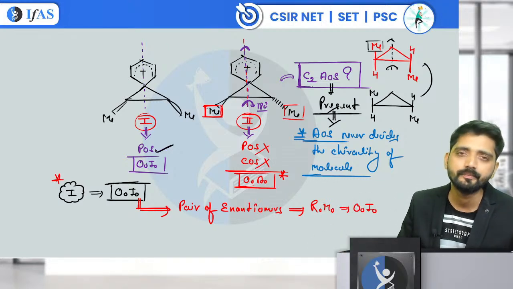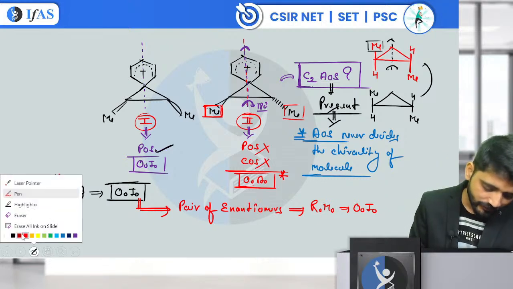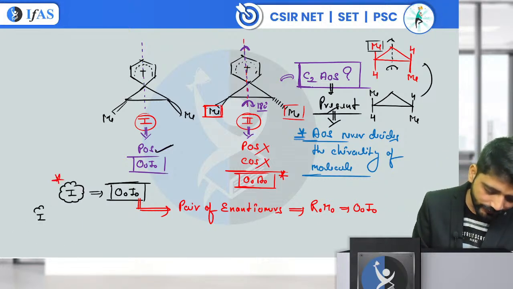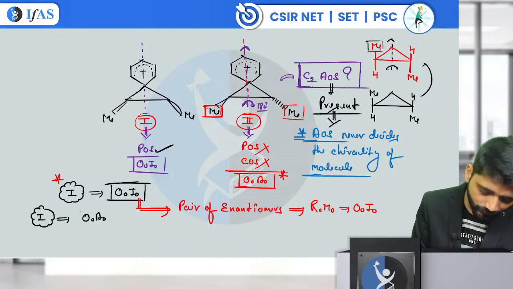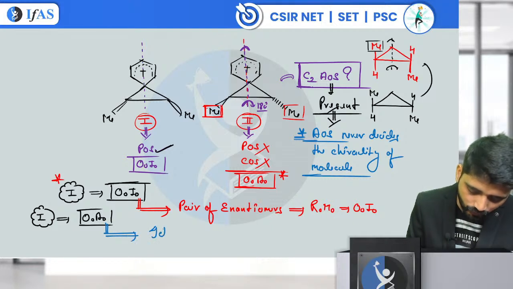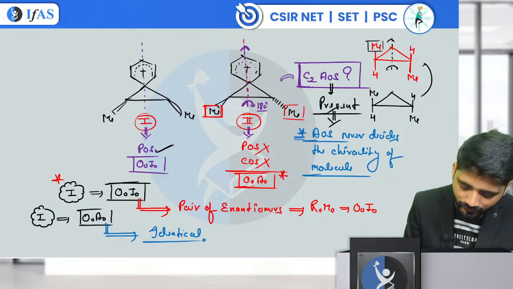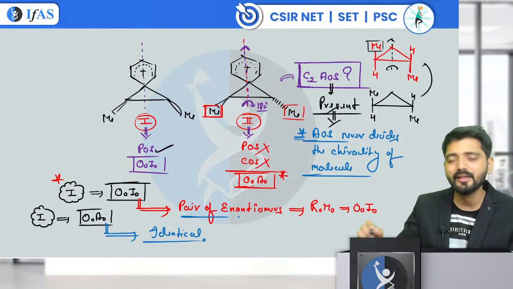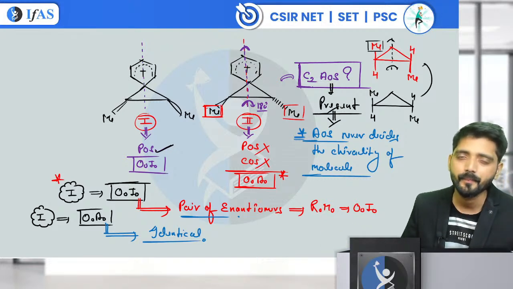And if, let's suppose, your intermediate is optically active, then in such a scenario the relationship between the products is going to be identical. You can cross check your answer from this or you can directly take your option from this.